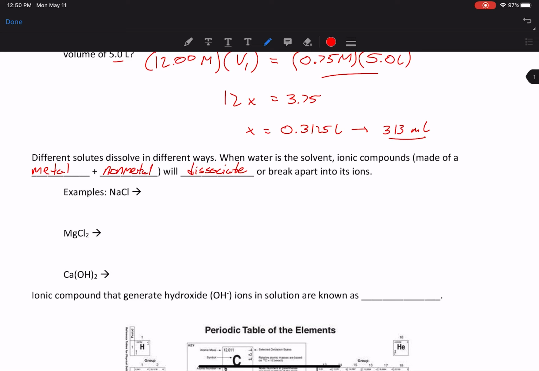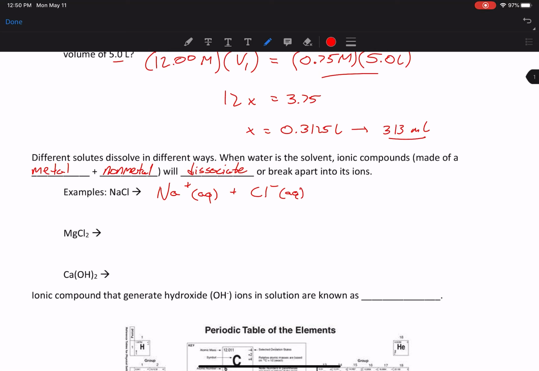So for example, NaCl, when it's added to water, will break apart into its ions. So sodium will have a +1 charge because it's giving away 1 electron. And this is aqueous, meaning it's dissolved in water. Plus Cl-. So chlorine takes an electron that's negatively charged. It's going to have a minus sign, and it's also going to be aqueous.